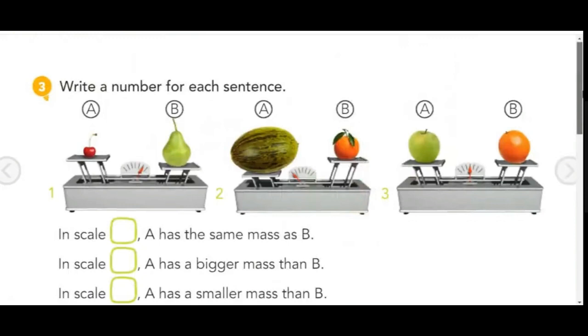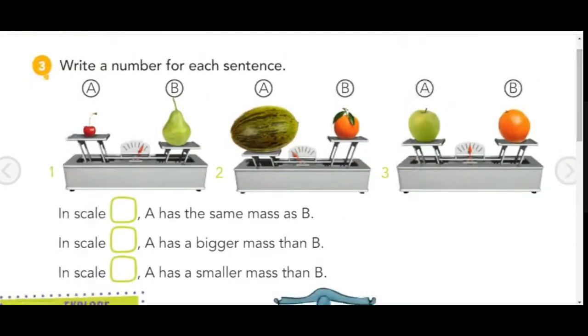Activity number 3. Now, in this activity, we are going to work with the mass. The instructions say, write a number for each sentence. Here we can see the first scale, the second one, and the third one. The first one, we can see that in A we have a cherry, B a pear.